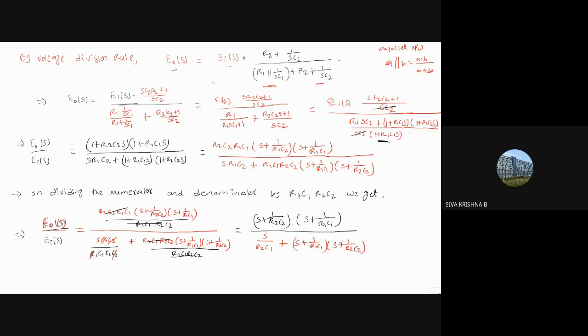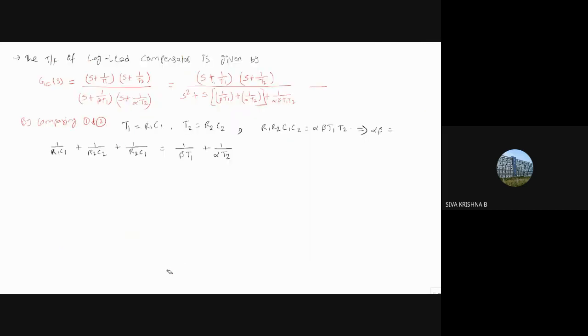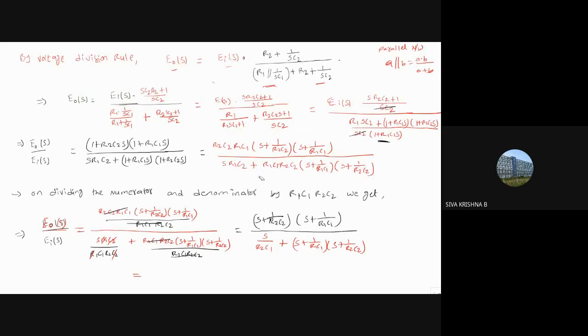Multiply this denominator term the same way, so that is equal to S plus 1 by, plus, whole divided by S by. I'm taking it directly here.